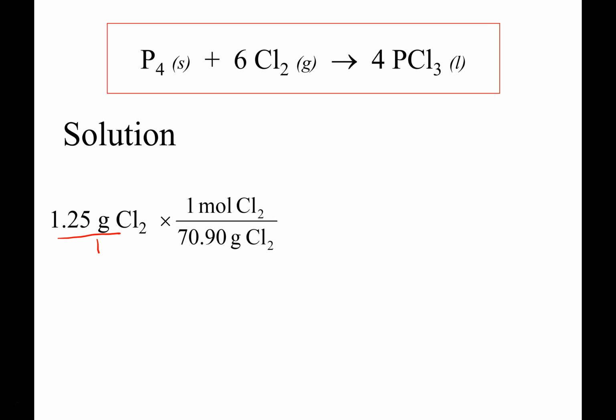Molar mass of Cl2 is 1 mole of Cl2 over 70.90 grams of Cl2. So our units of grams of Cl2 have canceled. We have units of moles of Cl2. Now we're ready for the stoichiometric ratio. What units go in the denominator of the next term? Moles of Cl2, very good. What number goes in front of that? 6 moles. Very good. What units go in the numerator of the next term?